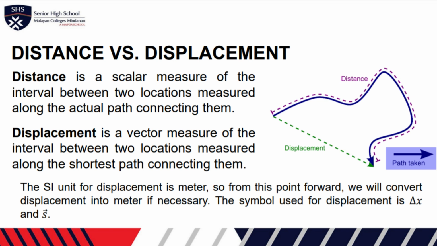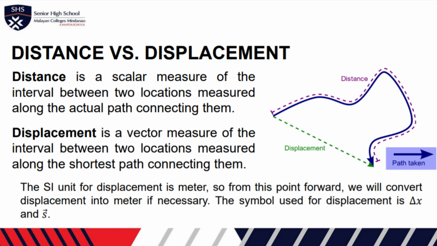It is only good for the ground covered through time. While displacement is a vector, you have known that one already on the previous lesson. It is a vector because it is a measure of the interval between two locations measured along the shortest path connecting them, which also includes direction.